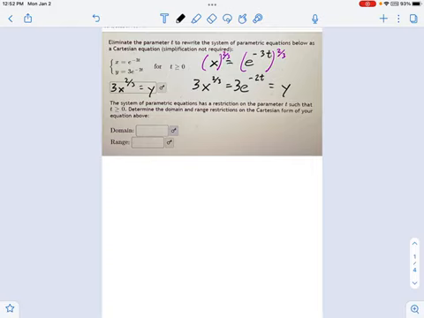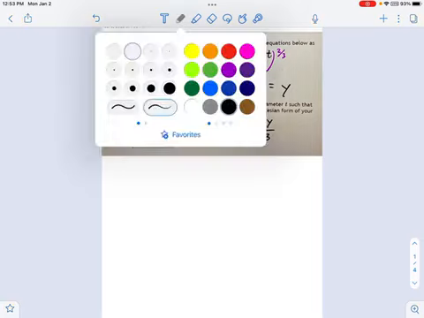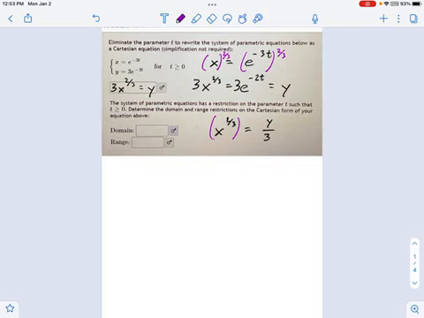Now another way you could write this would be as an x equals equation, right? So let's go through a couple more steps here. I could say x to the 2/3 equals y divided by 3, right? I just divided both sides by 3. And then I'm going to do this exponent trick again.